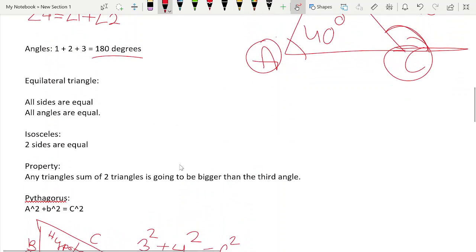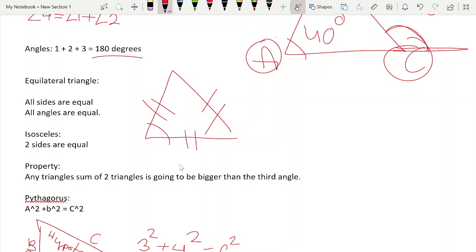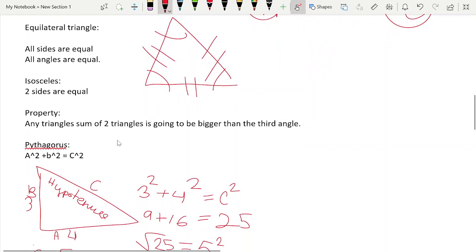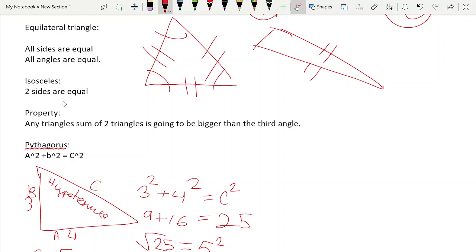Equilateral triangles are when all sides are equal to each other and all the angles are equal to each other as well. An isosceles triangle is when two sides are equal. If you have a triangle with these two lines, and these two are equal, then it means that it's an isosceles triangle.